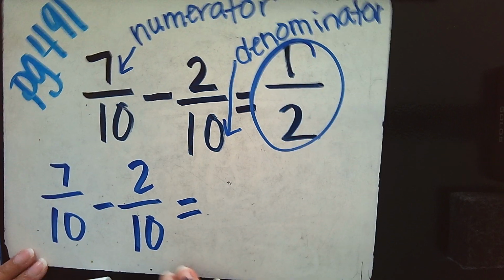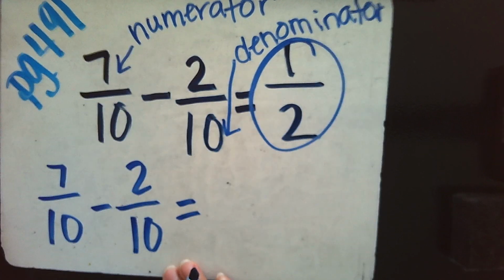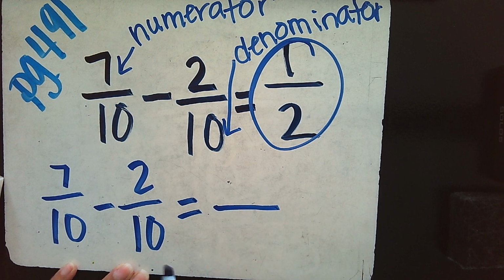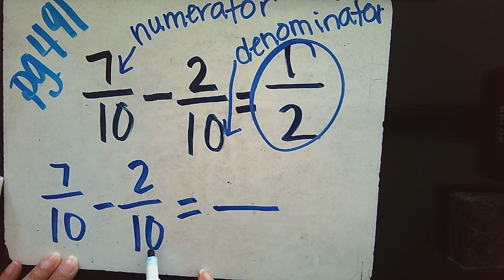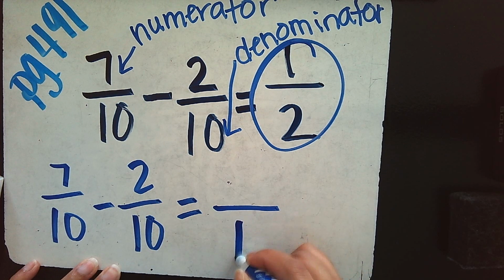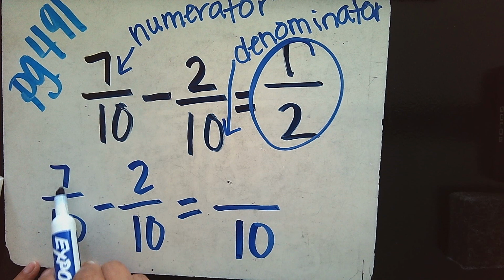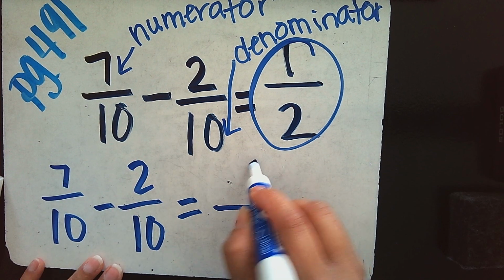So when we are subtracting fractions with like denominators, we know our denominators will be the same. So down here, my denominator is 10. Okay, so then I look at my numerator. 7 minus 2 is 5.